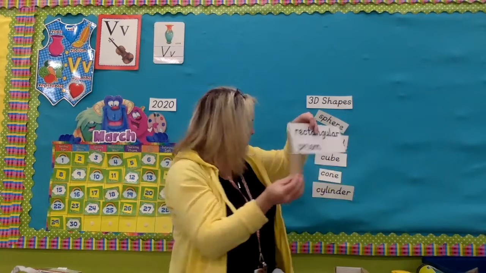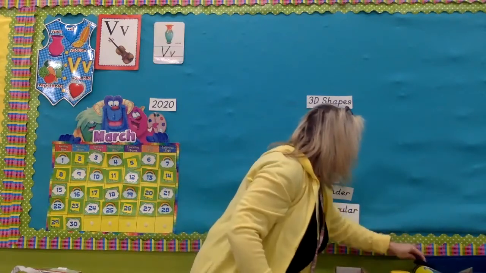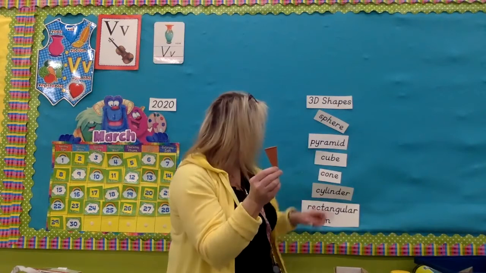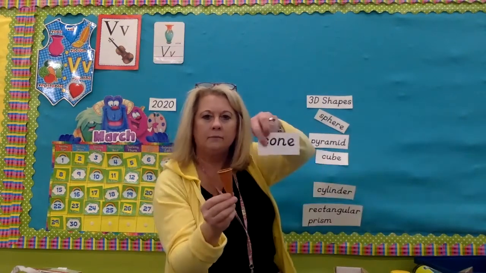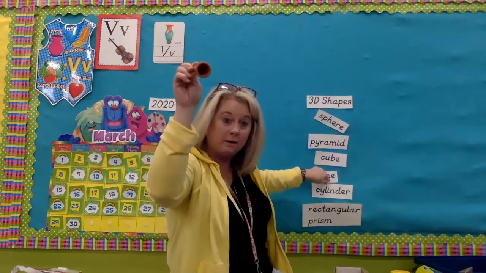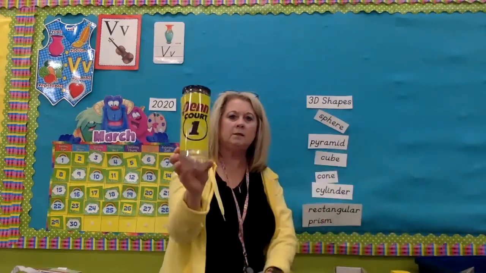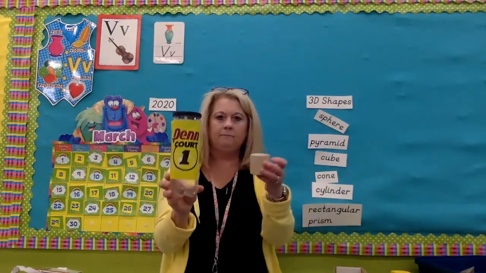Okay, so I have a few things. This object is shaped like a what? Cone. Very good. It is an ice cream cone. Ooh, interesting. Look at this tennis ball holder. It is shaped like what?